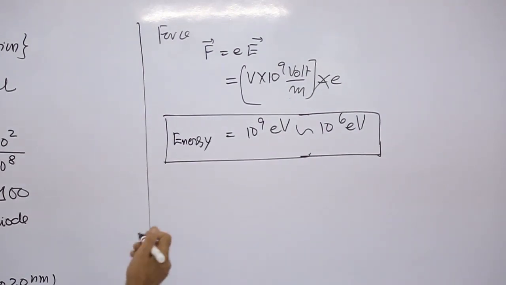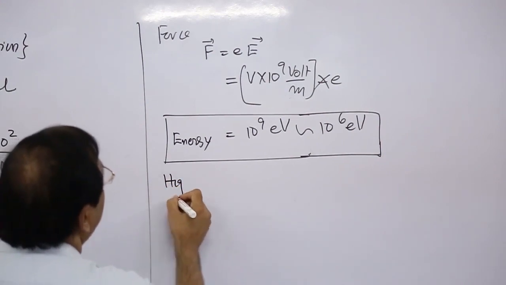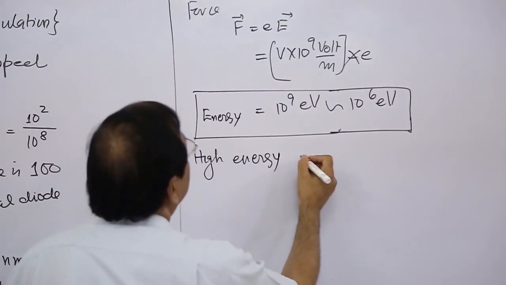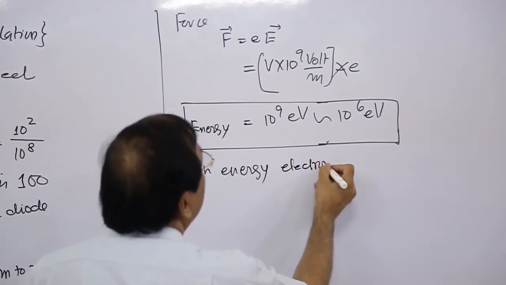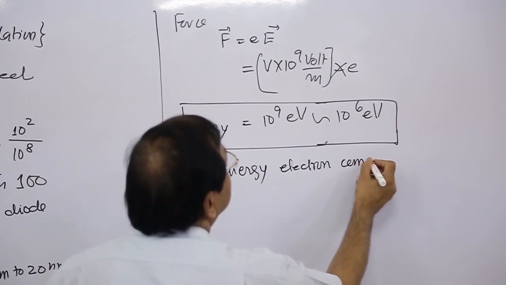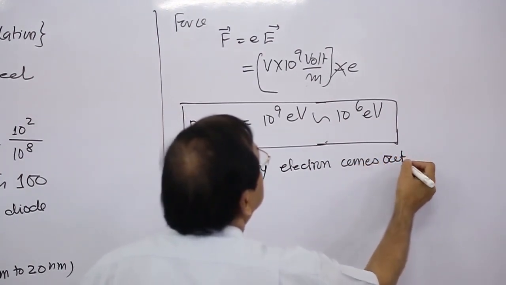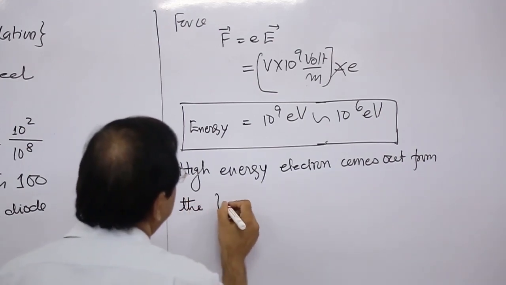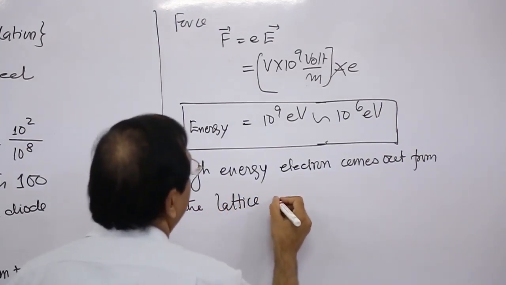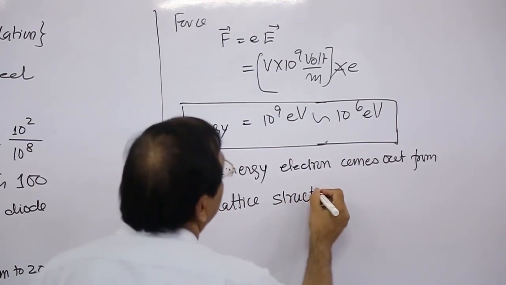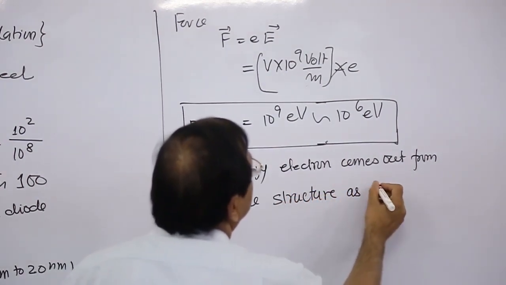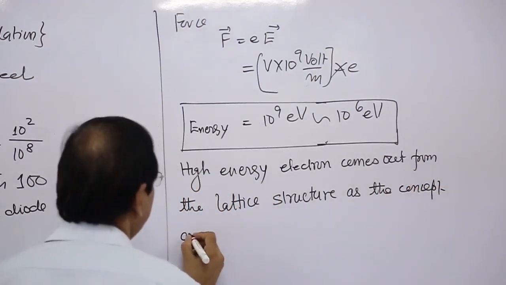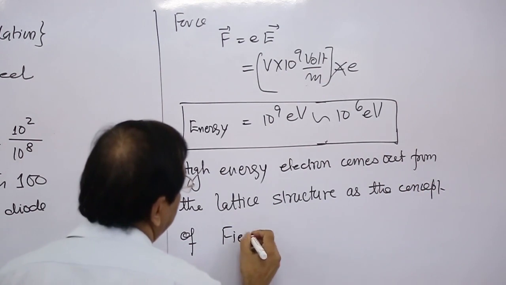And this high energy electron comes out from the lattice structure, as in the concept of field emission.